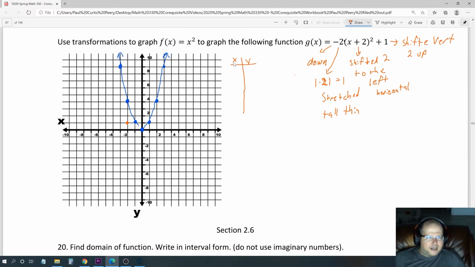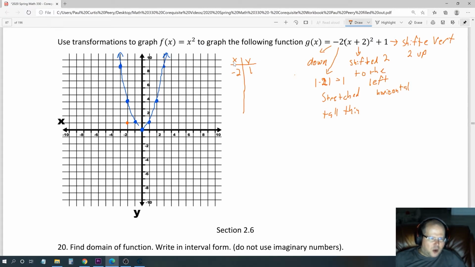So we could start at the vertex that we moved over there. It went from 0, 0, 2 to the left and then up 1, and that point right there is going to be -2, 1.